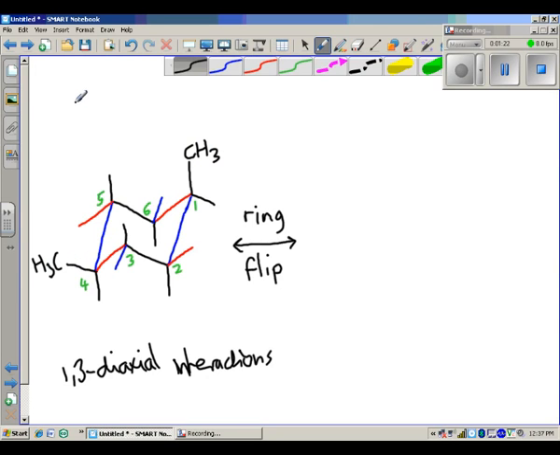Now, before we do anything, I want to see if you guys can figure out what two-dimensional representation this corresponds to. Notice there's the cyclohexane ring, there's the methyls on carbon 1 and 4. But when we show stereochemistry with these guys, we usually just show wedges or dashes. So on carbon number 1 here, if this is carbon 1, how would the methyl group be represented?